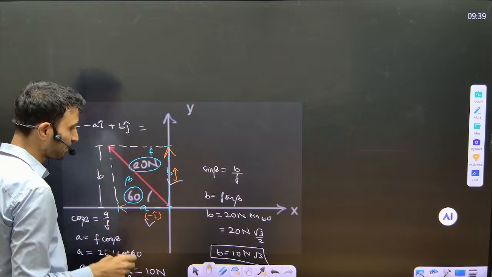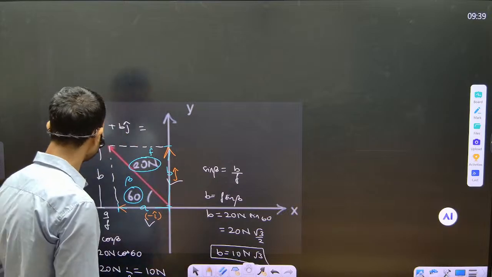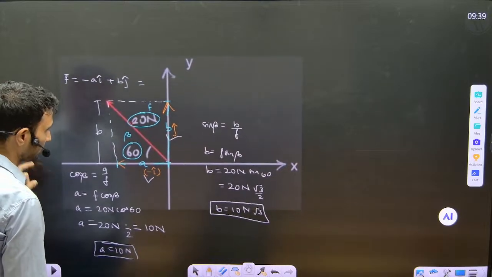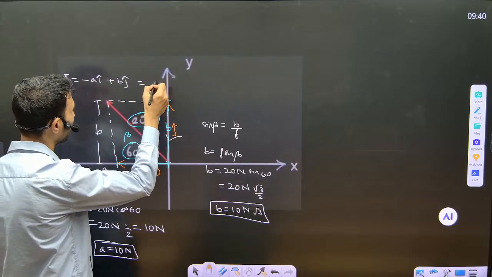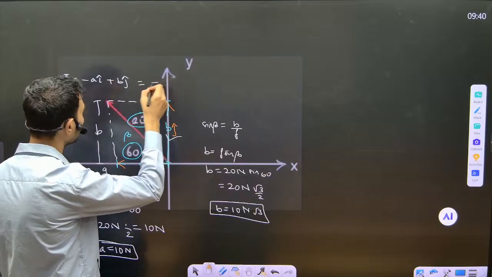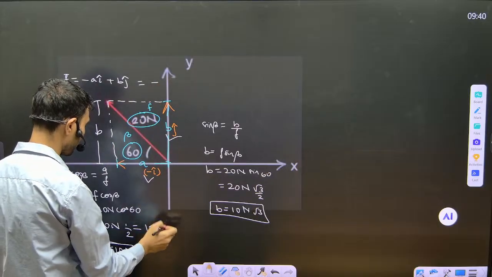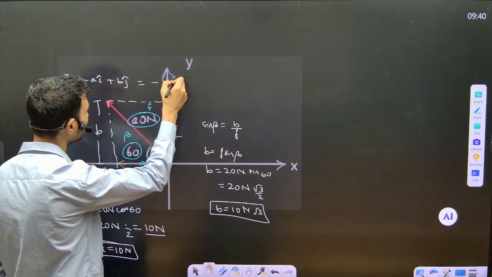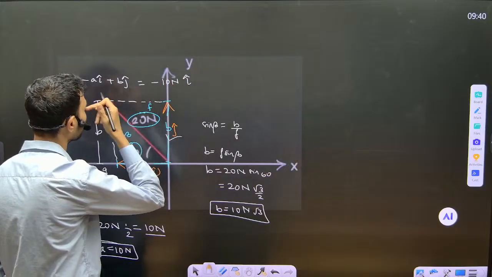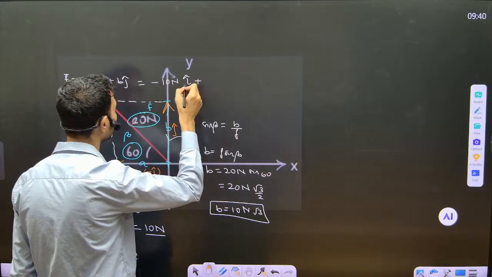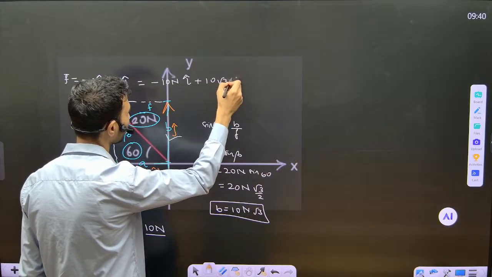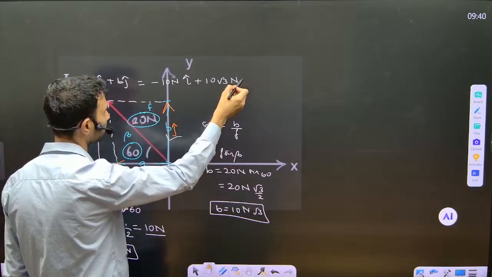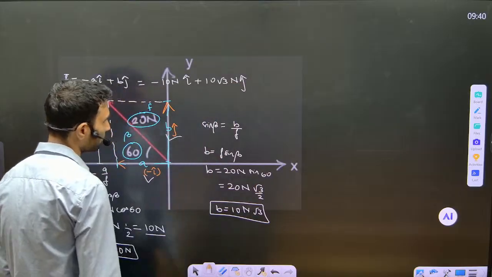So if you expand it, how do you get F vector? It is minus A is what? 10 Newton I cap plus B is 10 root 3 Newton J cap, right?